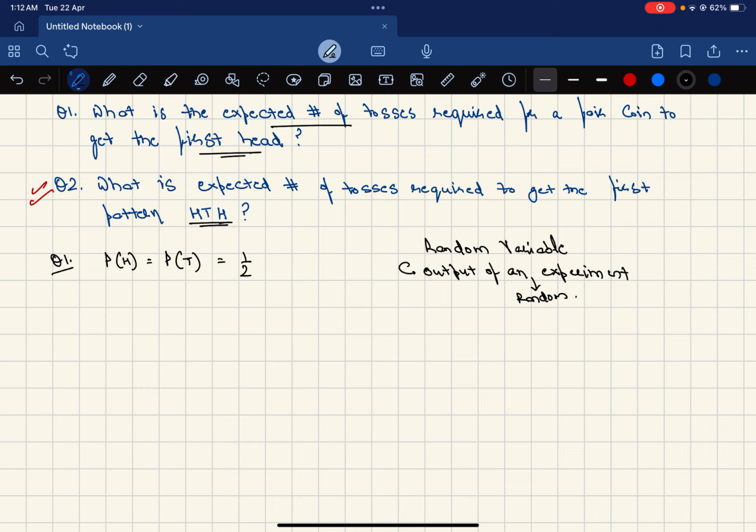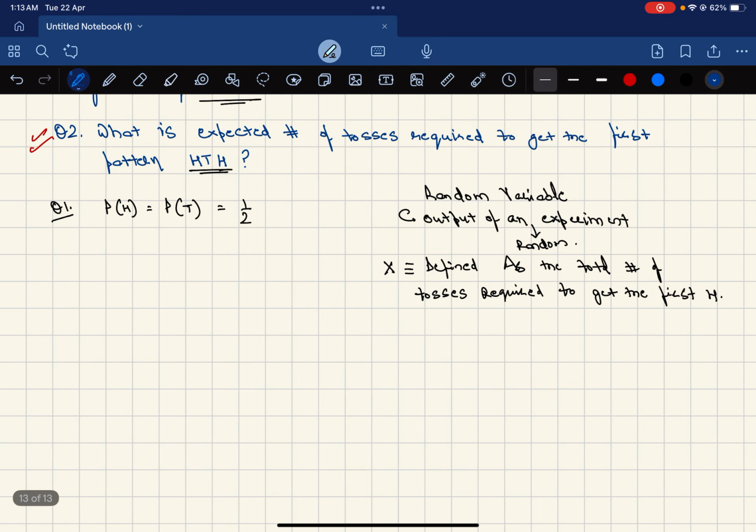Now the random variable here is actually defined not as the output of the experiment, but the random variable X is defined as the total number of tosses required to get the first head.